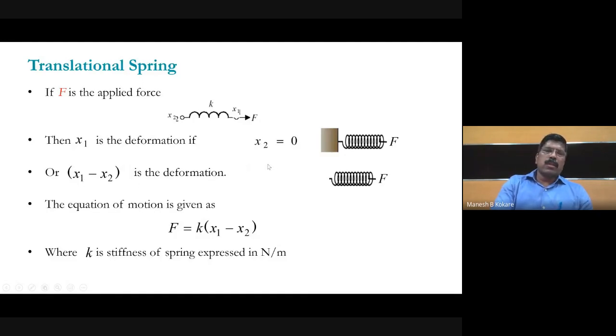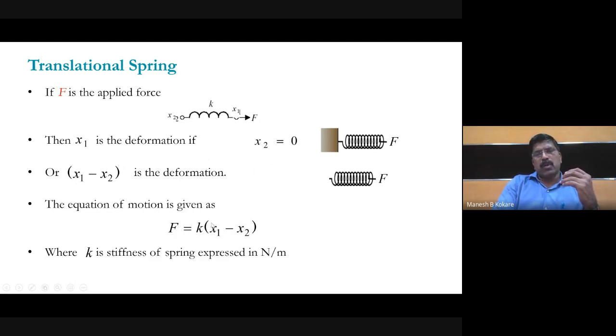So the equation of motion for the spring is given by: force is directly proportional to the displacement. In case of a spring, force is directly proportional to the displacement, and the proportionality constant is nothing but the spring constant. So this K is the spring stiffness, which is expressed in Newton per meter.